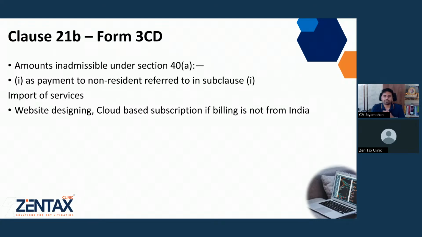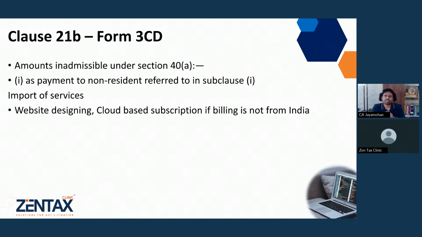Now, clause 21B. There are transactions for which, as per the Income Tax Act, you have to deduct tax at source. If there is a failure to deduct tax at source, when you are making payment to a resident and to a non-resident, separate disallowances apply. If the payment is made to a resident, then 30% of such expenses are disallowed.